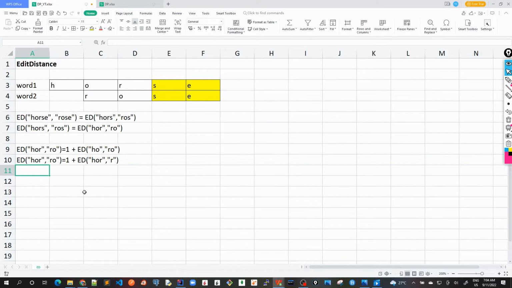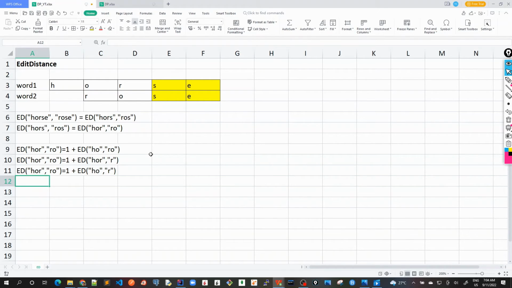Now there's a third possibility, that we choose between HO and R. I mean, we delete both R and O and then find the remaining edit distance between these two. So I'll copy this again. We remove R and O from both, so it would be HO and R.